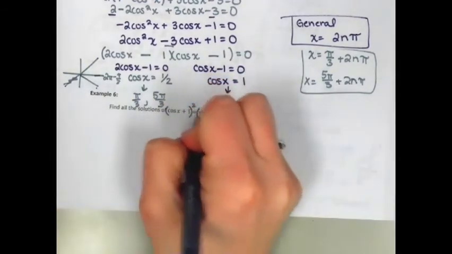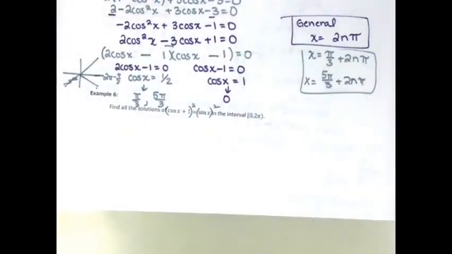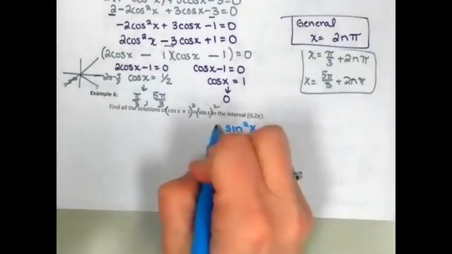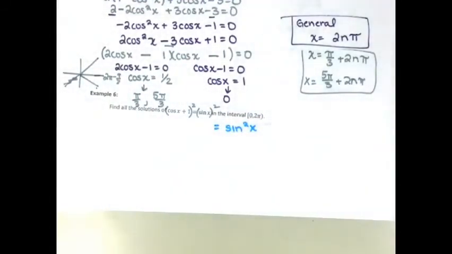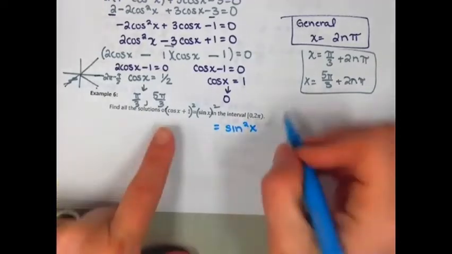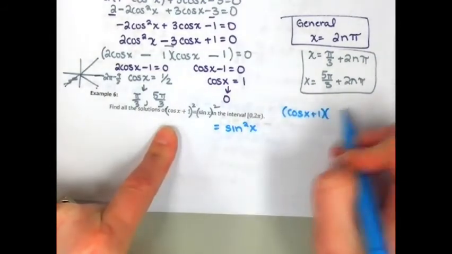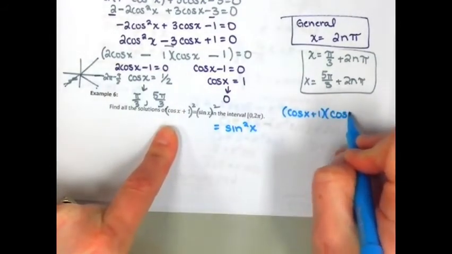And square and square. Sine x squared, that's the easiest one. That's going to be sine squared x, right? Now, if I want to square cosine x plus 1, don't I actually have to FOIL that out? Right, because cosine x plus 1 squared means cosine x plus 1 times cosine x plus 1.